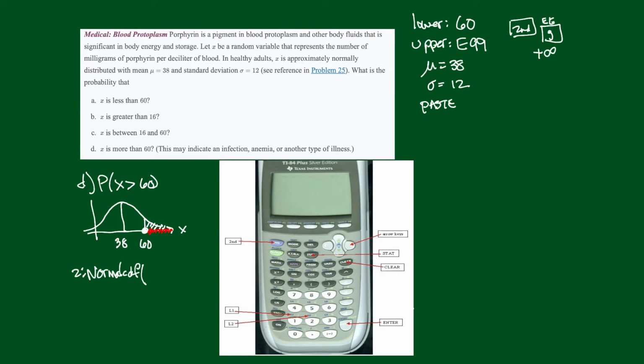Now I've already got the 38 and the 12 in from the last problem, so I'm just going to scroll down now to paste, right? So highlight, paste, press enter, and then I'm getting this, normalCDF, although I can only see the F. I'm going from 60 to positive infinity, E99, 10 to the 99th, mean of 38, standard deviation of 12, and then when I press enter, I'm getting this.